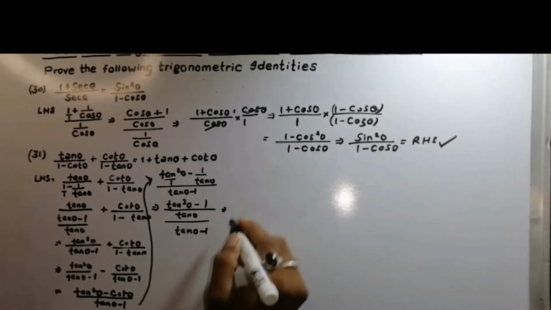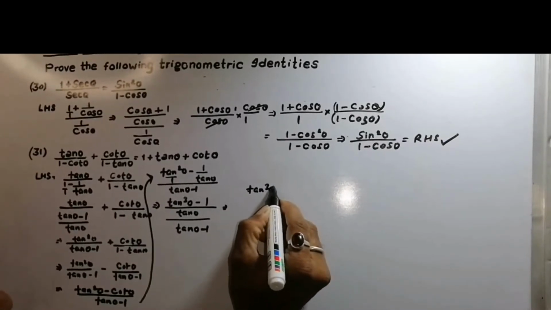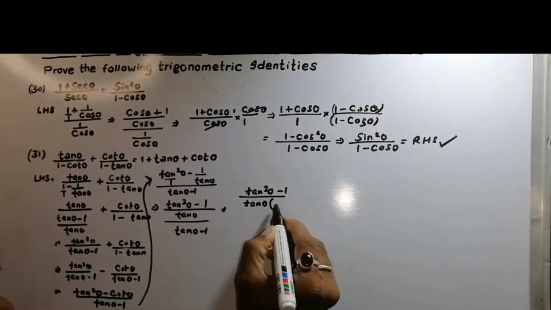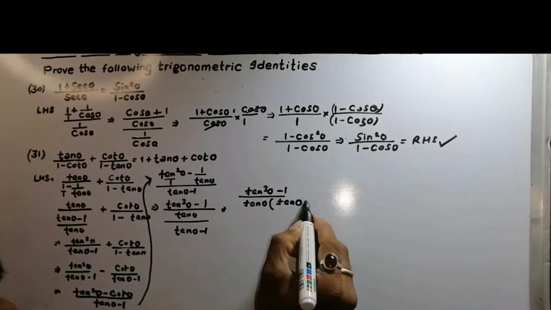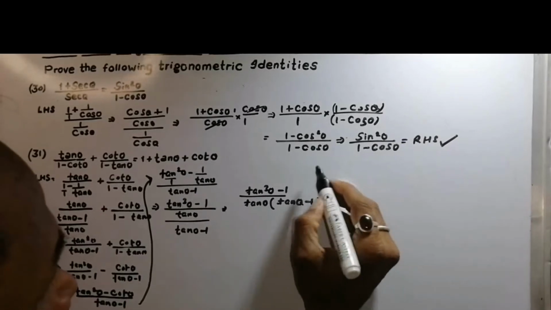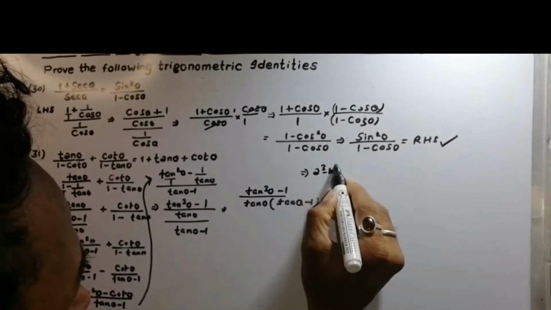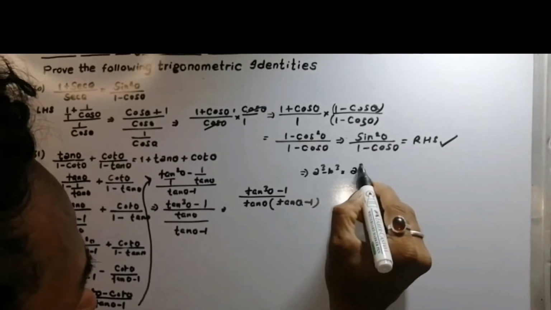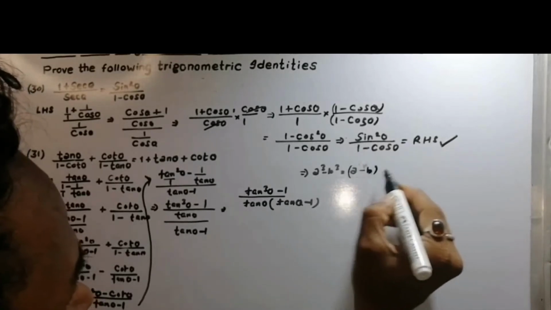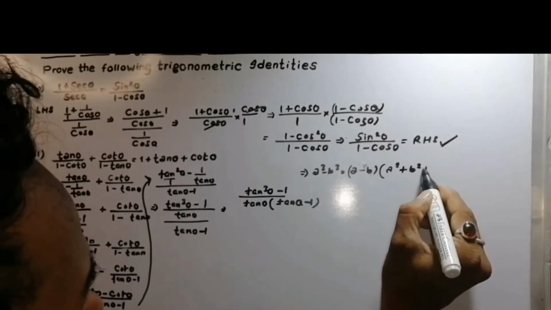It will become tan theta, tan cube theta minus 1 by tan theta and tan theta minus 1. Now it is the identity of a cube minus b cube, which is a minus b, a square plus b square plus ab.